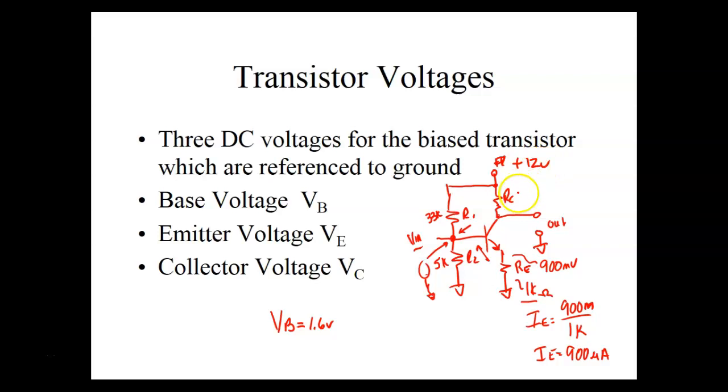So let's say this guy up here is a 6.6K ohm. Well, we already know the amperage. We calculated IE. Y'all pay attention.